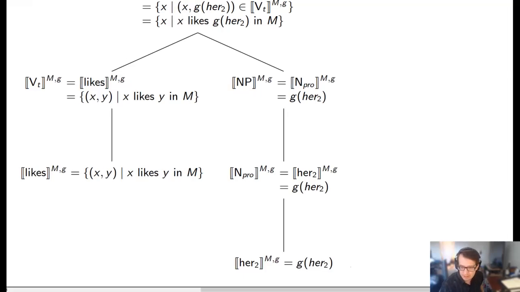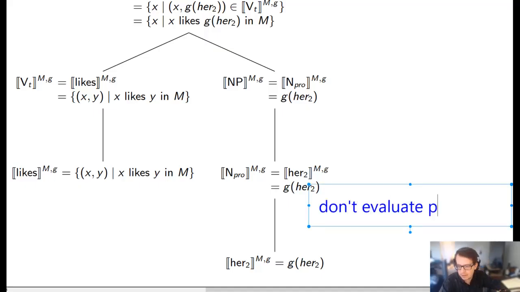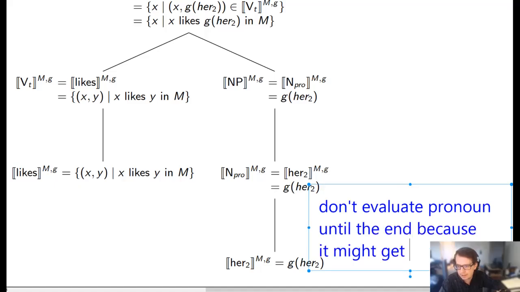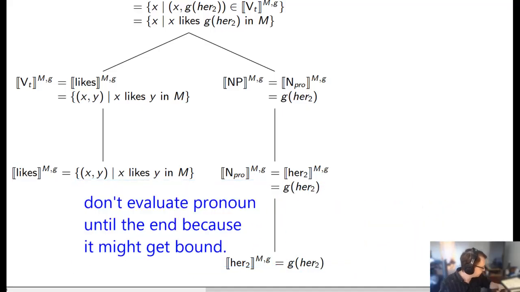And this is the same thing as the traces. Don't evaluate the pronoun until the end because it might get bound. Let me again move this to the side here. So we're going to leave the pronoun in the G of her two form.